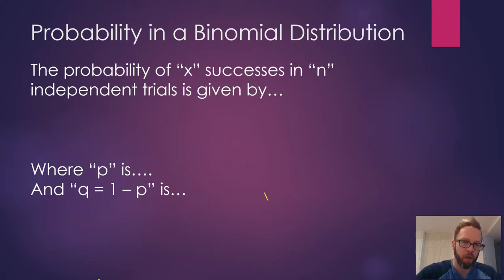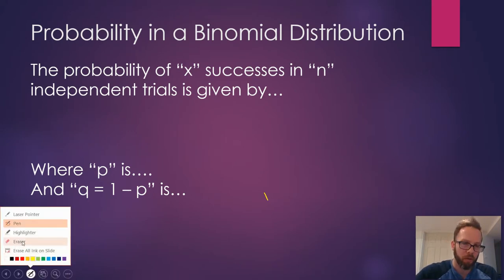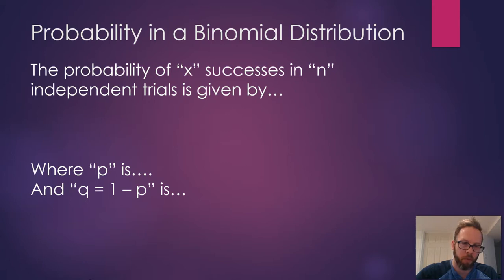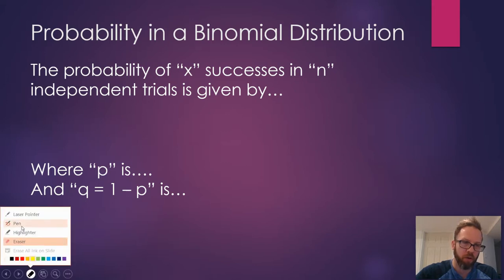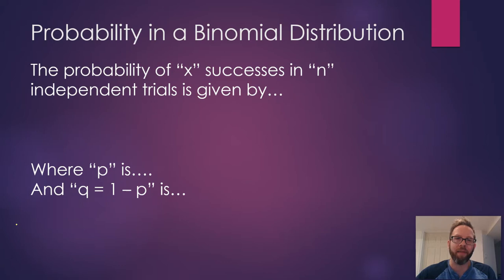So in general, if you have n trials and you're looking for the probability of x successes, we write the probability this way. The probability of x is equal to, to start off, we have a combinations calculation. N choose x. The number of trials is n and the number of successes is x. This gives you the number of ways to choose which of the trials are your successes.